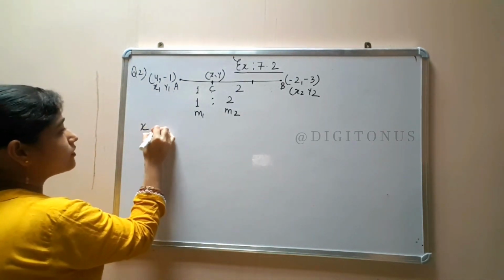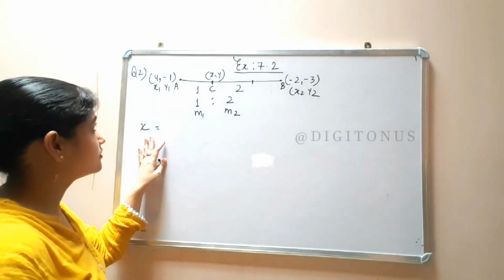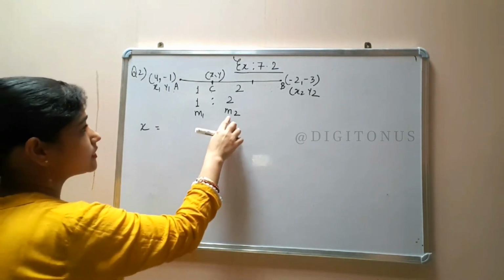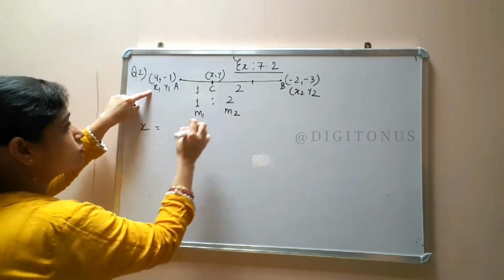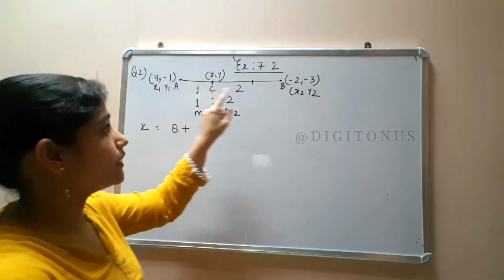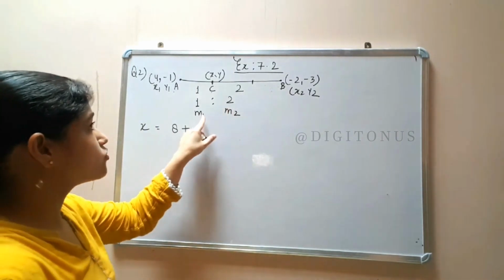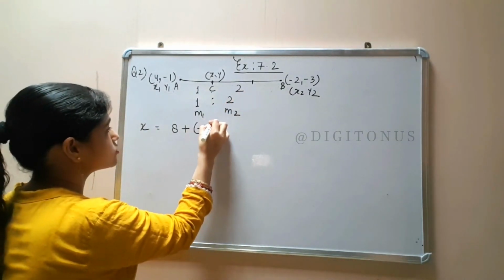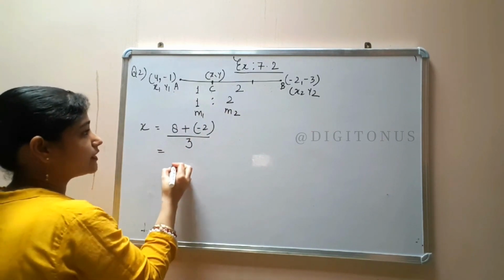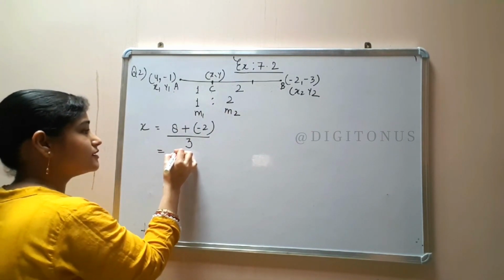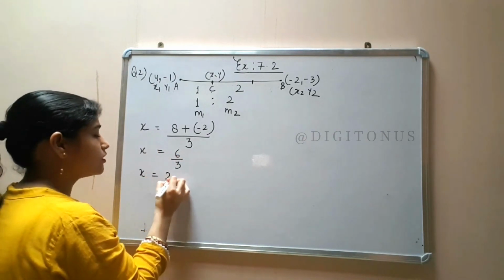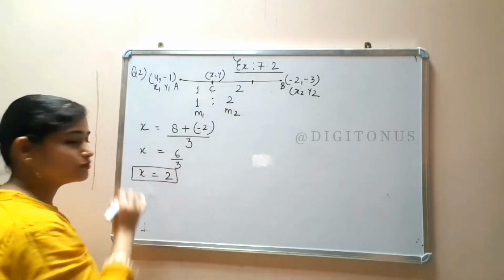First we will find the coordinate points of point C, and first we find x. Direct m2 into x1, so 4 into 2 is 8, plus m1 into x2, so 1 into -2, upon m1 plus m2, which is 3. So 8 minus 2 is 6/3, which means the x value is 2.